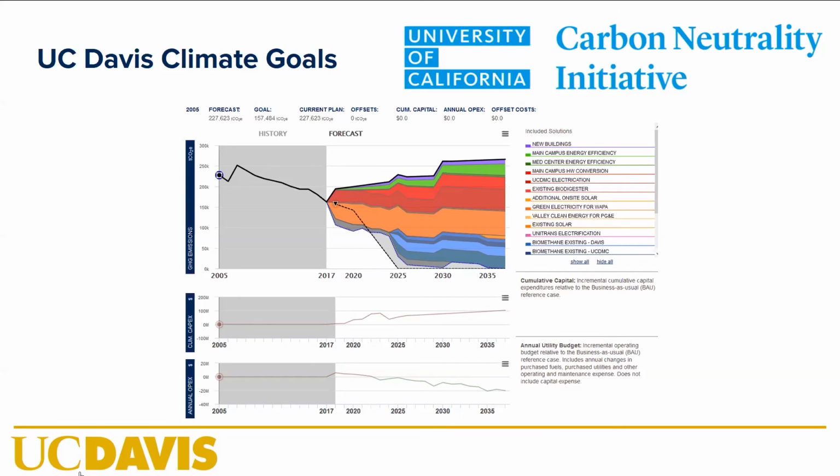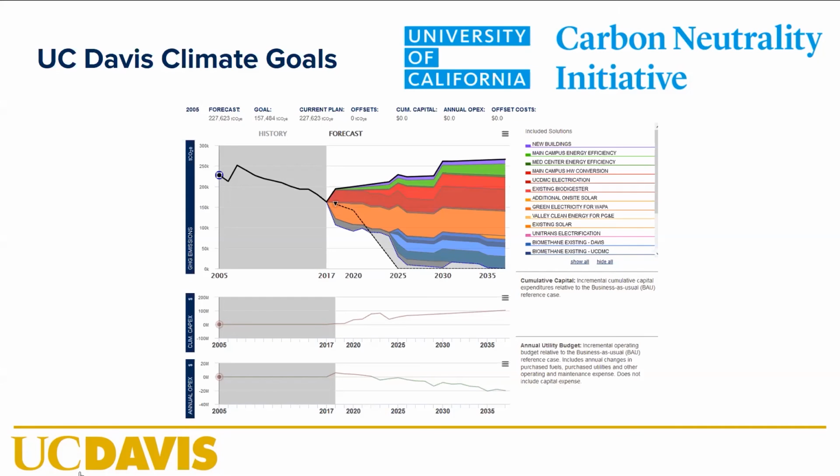This shows a 2017 snapshot there, with the gray showing history and our emissions on the top chart in the black trend. And then it shows if we want to get down to 2025 with the dashed dark line going forward from there, it's a pretty steep curve. If we didn't do anything at all, we'd be going up along the top trend there with all the colorful wedges beneath it.